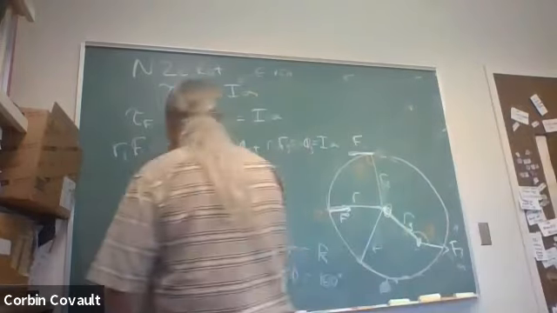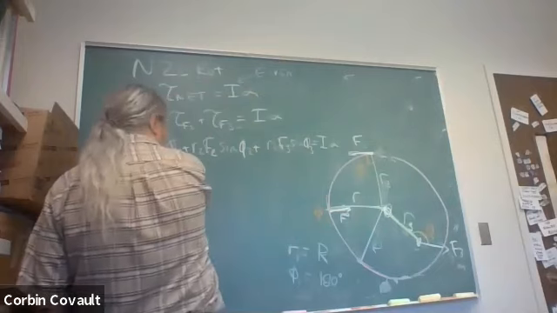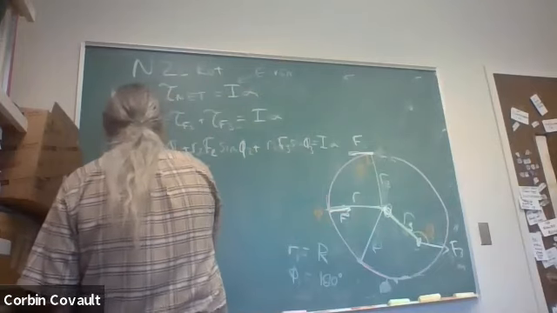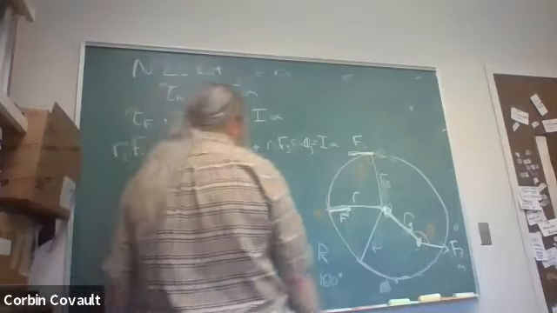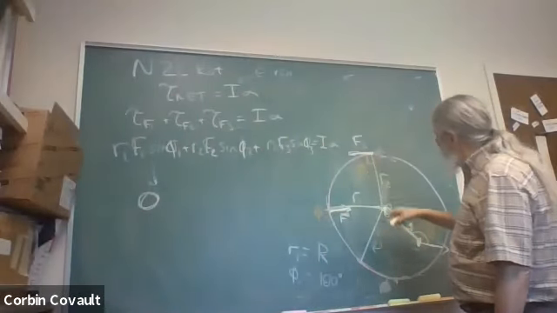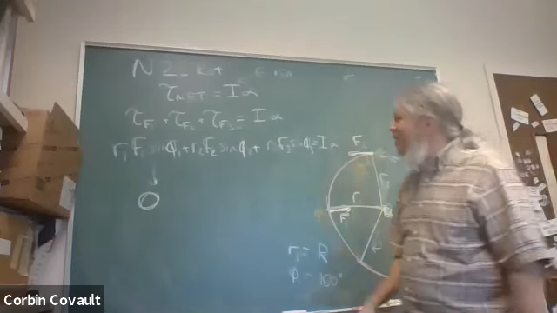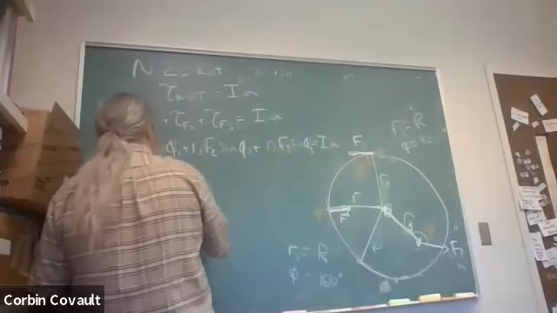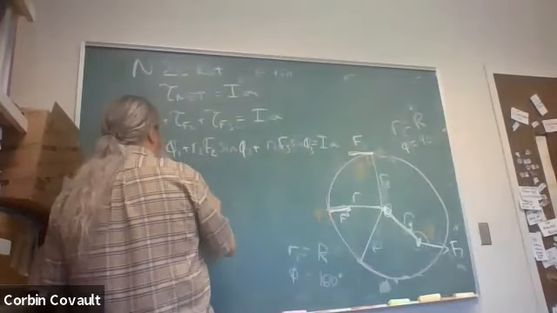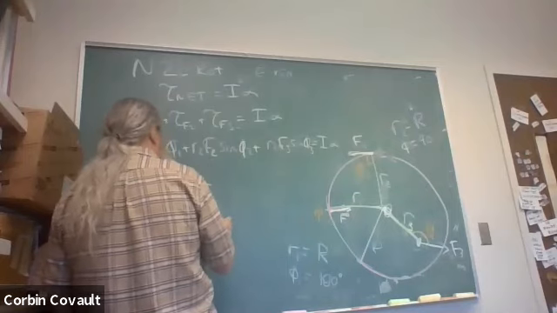That means the torque due to force 1, which is R times F times sine phi, is going to be 0. Likewise, for force 2, R2 is also equal to R, and phi here is equal to 90 degrees. So this term just becomes R times F2 times the sine of phi2, which is just 90 degrees, which is just 1.